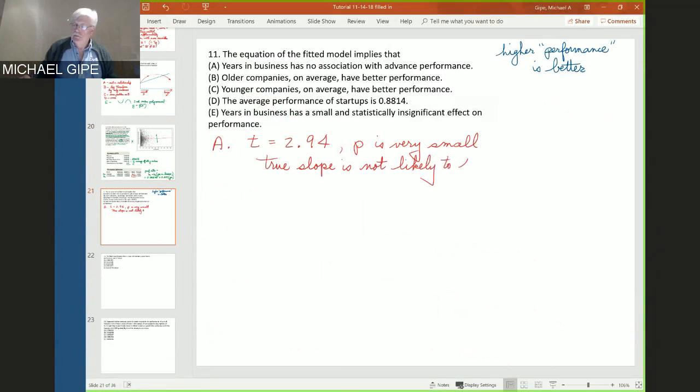We've done a t-test on the slope. We see that the confidence interval of the slope does not include 0, so we reject 0, reject the null. So there is an association. There is some kind of relationship.